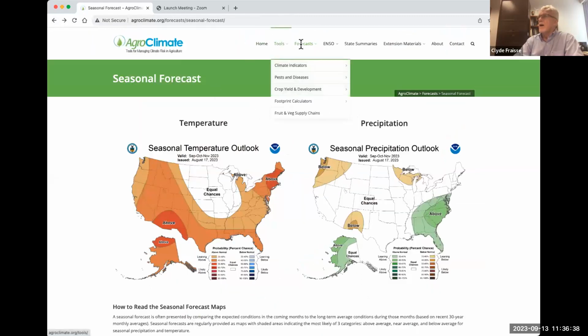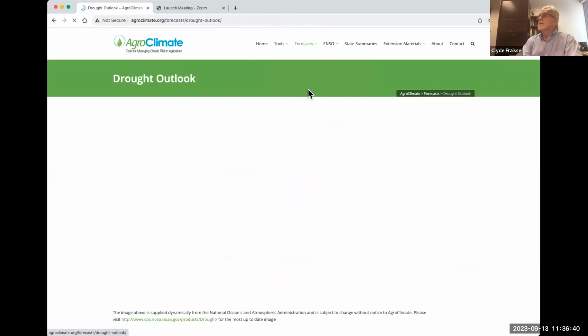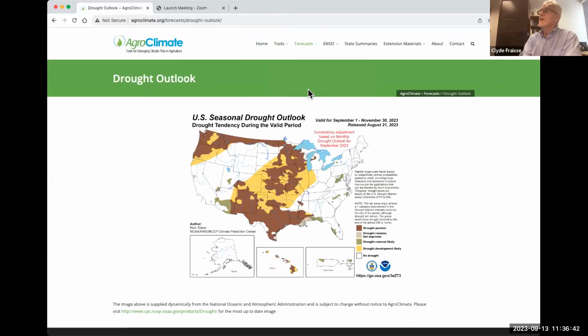Another one that I didn't mention is the drought outlook. The drought outlook is the expected drought conditions for the country, and it's also updated every month. This one was released by the end of August, a few days ago, and it's valid through November 30. That's the area where they expect some drought to occur, and very little happening in the Panhandle.